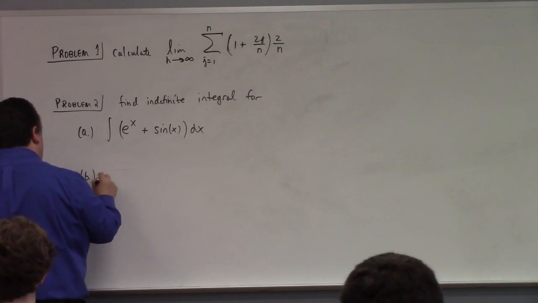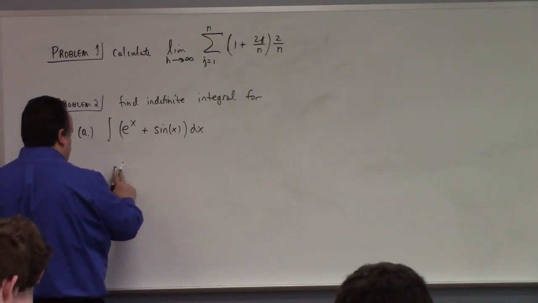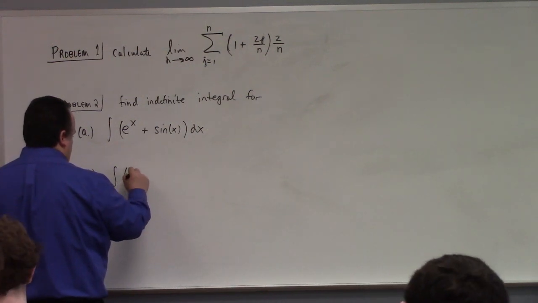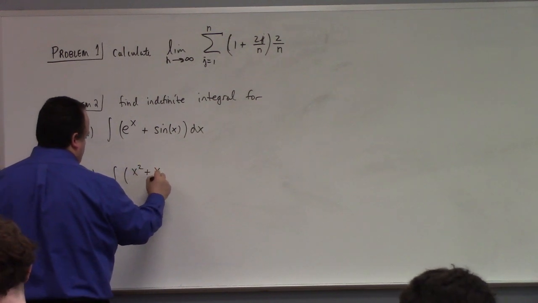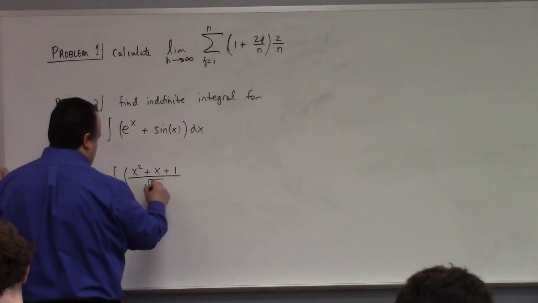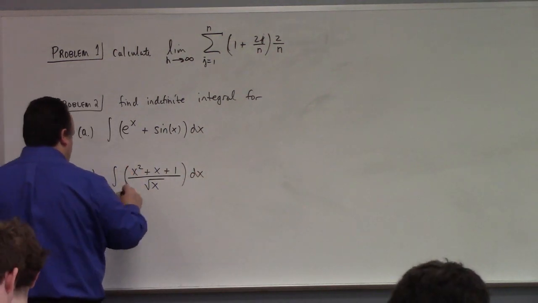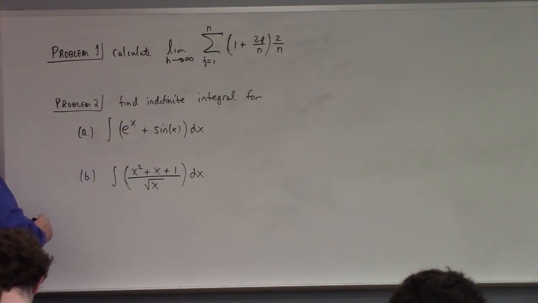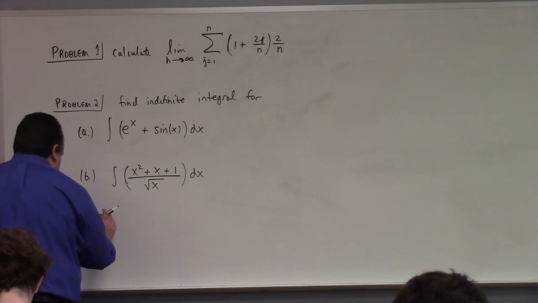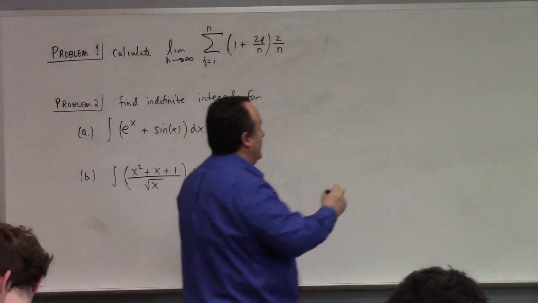B is going to be the integral of x squared plus x plus 1 divided by the square root of x dx. And then C, well, I'll just do AB for that one.